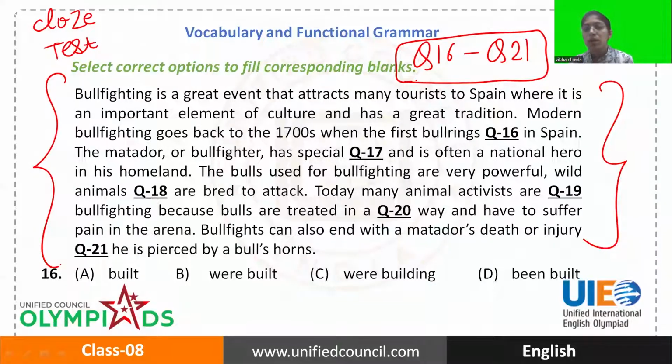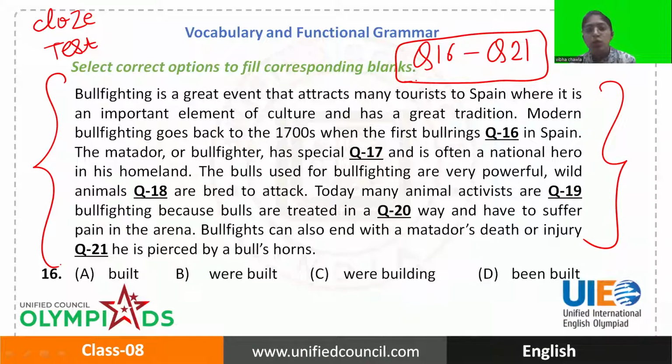Bullfighting. Okay, the passage is about bullfighting. Bullfighting is a great event that attracts many tourists to Spain, where it is an important element of culture and has a great tradition. Modern bullfighting goes back to the 1700s when the first bull rings blank in Spain. The matador or bullfighter has special blood and is often a national hero in his homeland. The bulls used for bullfighting are very powerful wild animals. Blank are bred to attack.